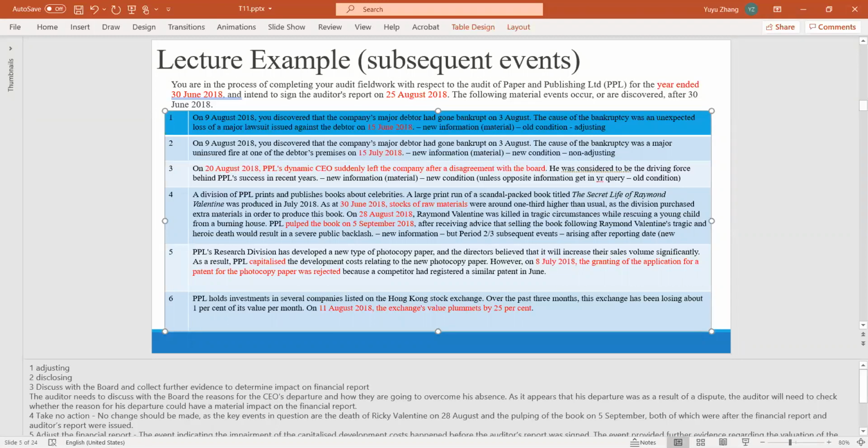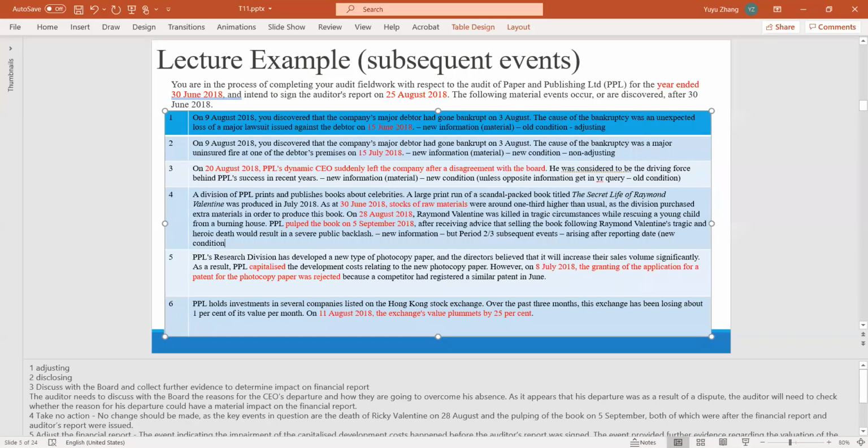So that is a new condition as well. So now let's have a look. That's a new condition, and also a new condition that came to your attention in period 2 or 3. So for this situation, we recommend maybe no action. Okay.